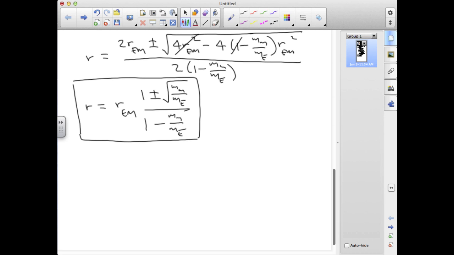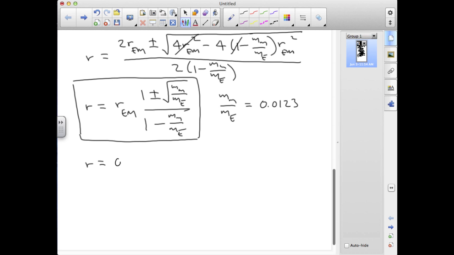Now, if we take the ratio of the masses, this turns out to be a pretty small number. It's a little over 1.2%. And so if we plug that ratio in, we end up with r being equal to two values.